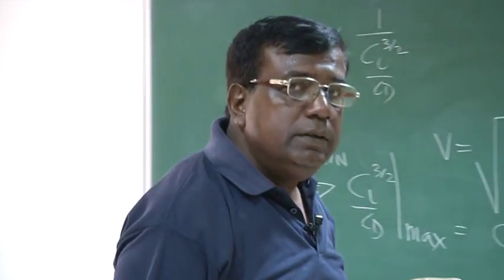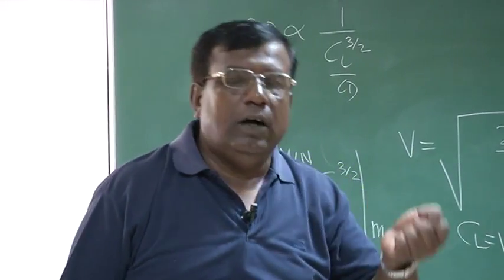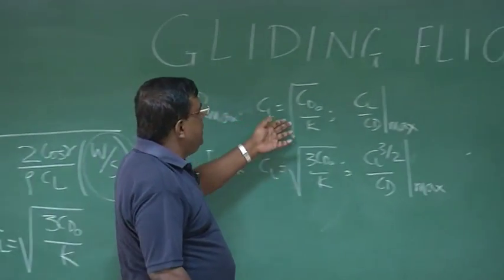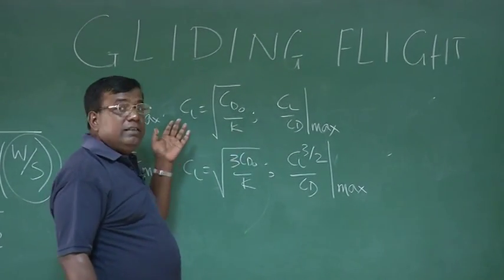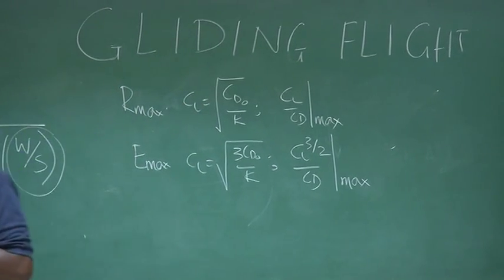But here, what controls does he have to balance the forces? Nothing, except the elevator, to manage altitude or to see CL and V. Again, we are telling you fly such that CL equal to CD naught by K to get range maximum. Let us see what is the implication of this on the pilot.